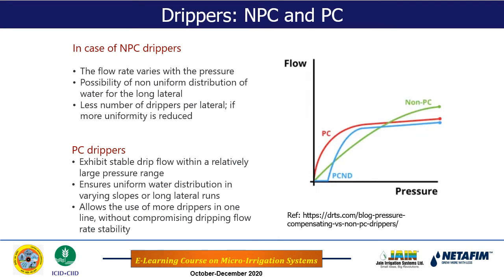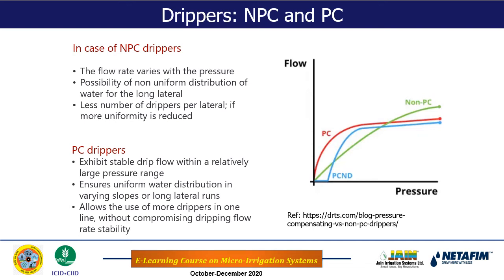That is, if the pressure varies, discharge also varies. Normally the emitters available in the market are non-pressure compensating or NPC kind of emitters, unless we refer to them specially as pressure compensating emitters.